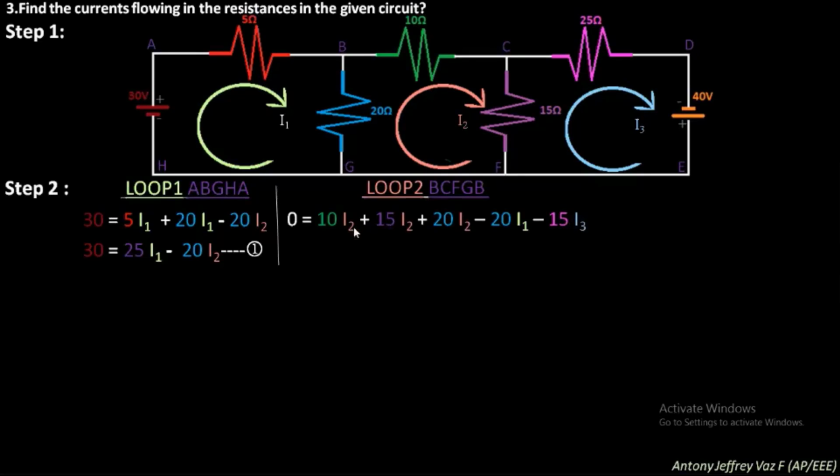So 10 I2 plus 15 I2 plus 20 I2 equals minus 20 I1 minus 15 I3. Simplifying, you get minus 20 I1 plus 45 I2 minus 15 I3 equal to 0. This is the second equation.